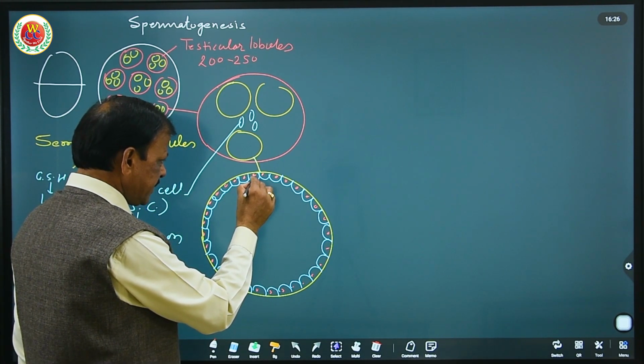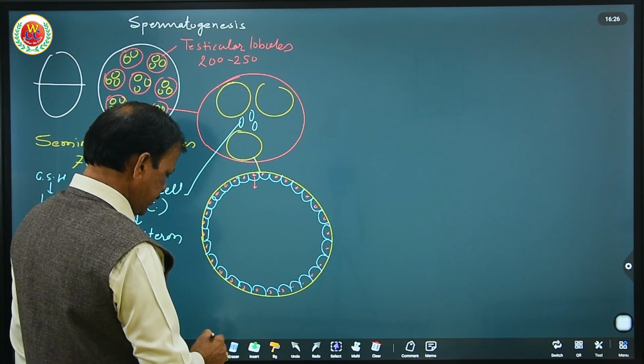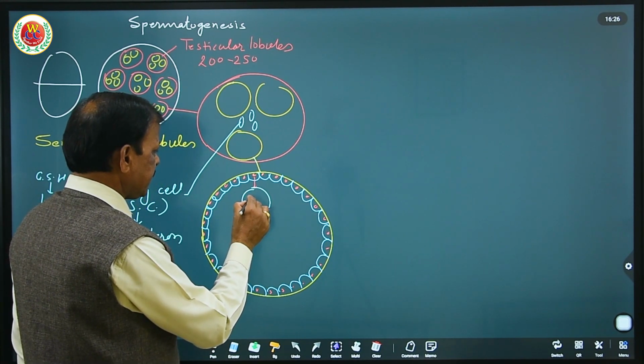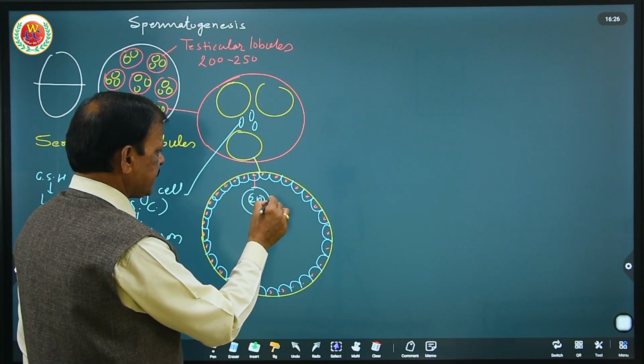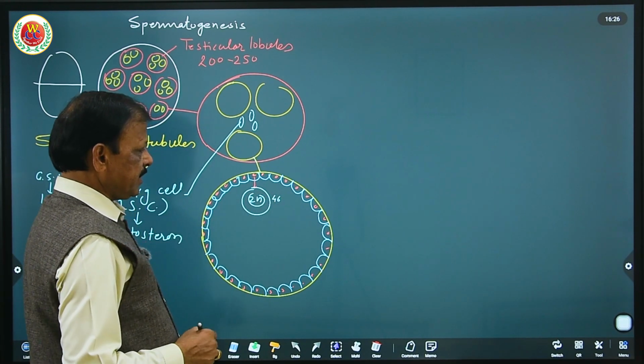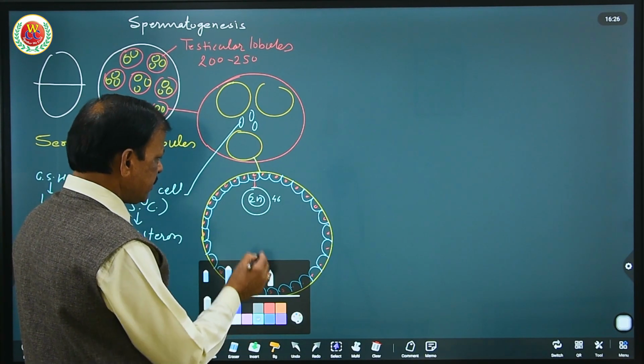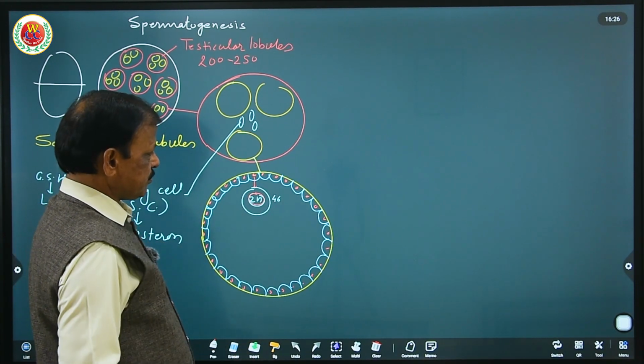First, the spermatogonium enlarges in size. It is diploid, as we have 46 chromosomes in it. So it is enlarged in size, and the nucleus consists of 46 chromosomes.